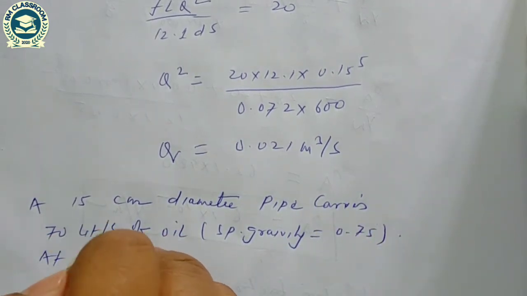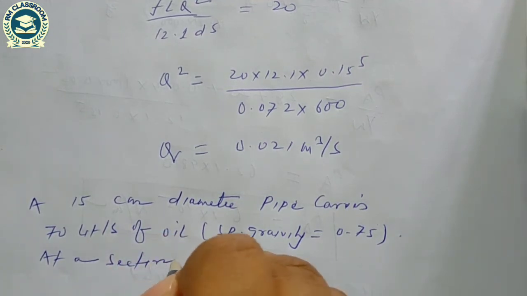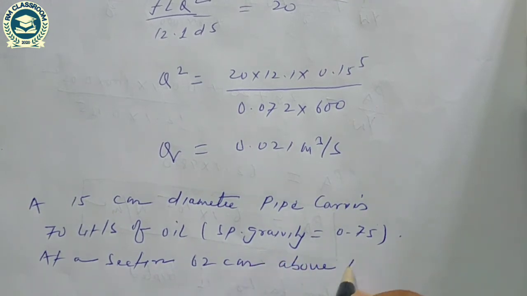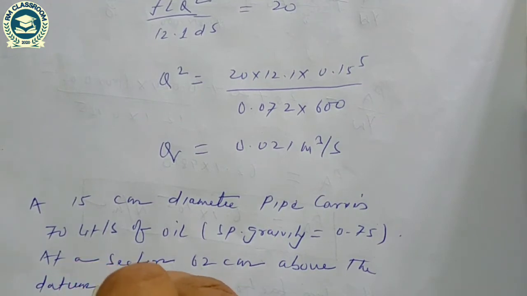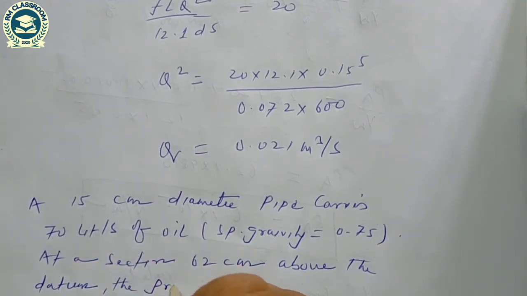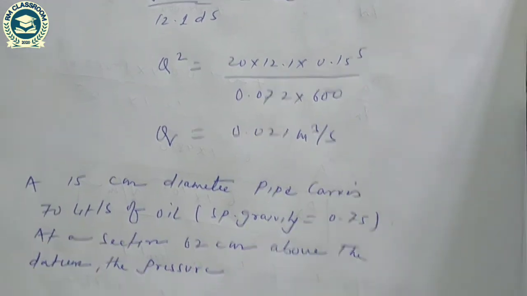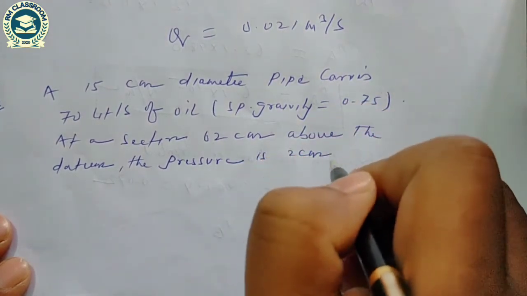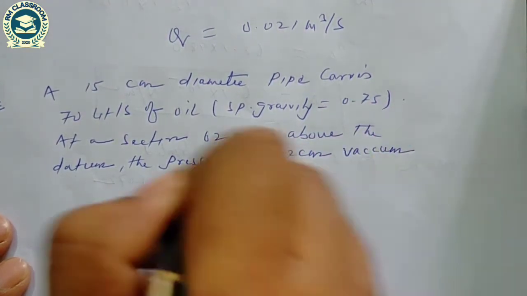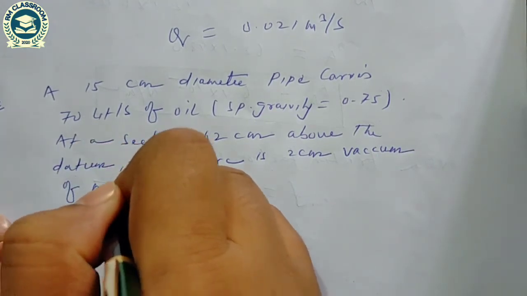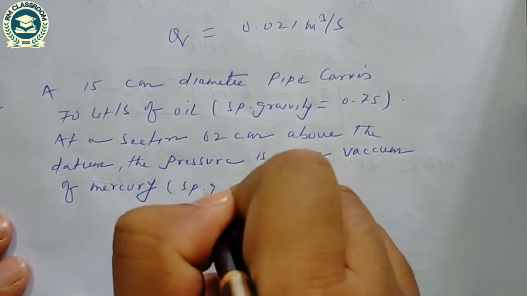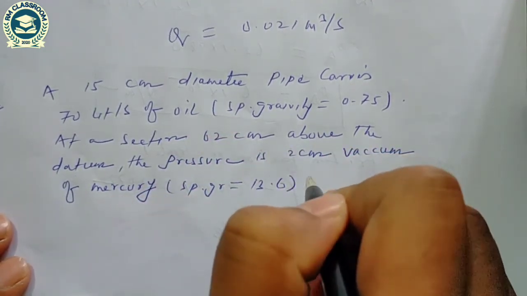At a section 62 centimeter above the datum, the pressure is 2 centimeter vacuum of mercury, and specific gravity is given 13.6.